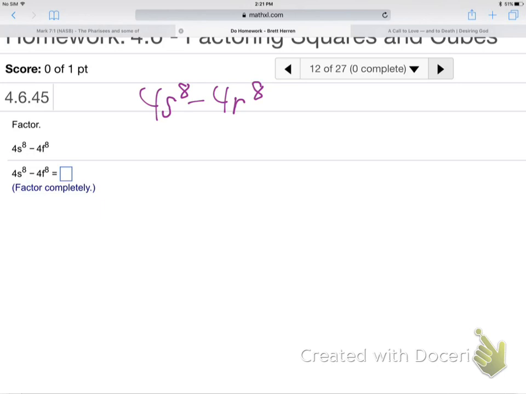I hope you didn't start with FL. GCF, right? Always GCF first. Take out that 4.